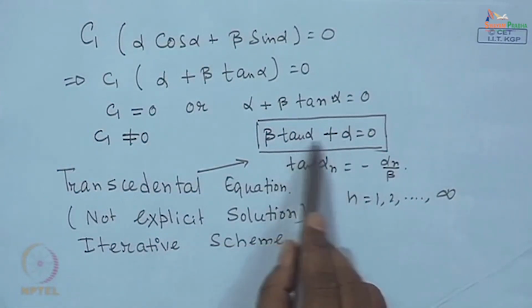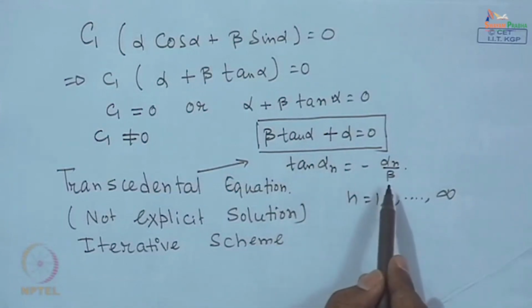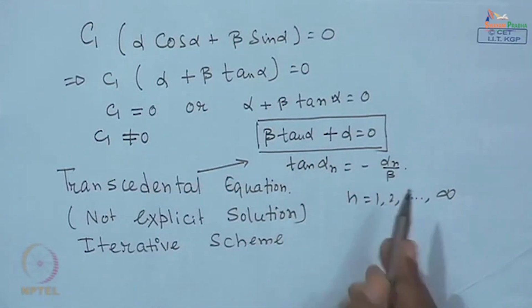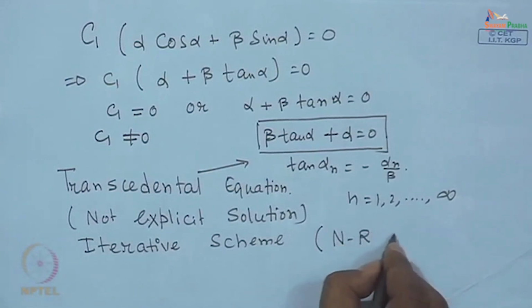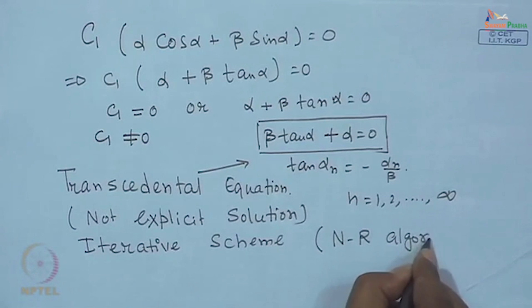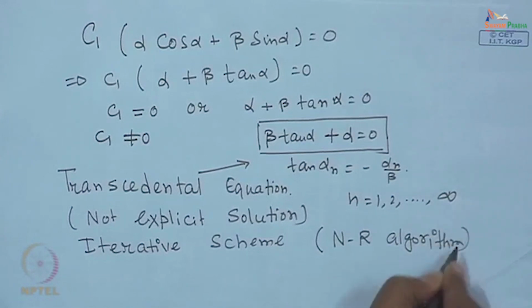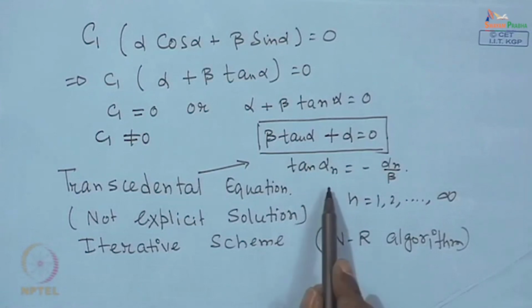For the solution of tan alpha n equal to minus alpha n by beta, we can talk about a Newton-Raphson algorithm, and solve this equation.